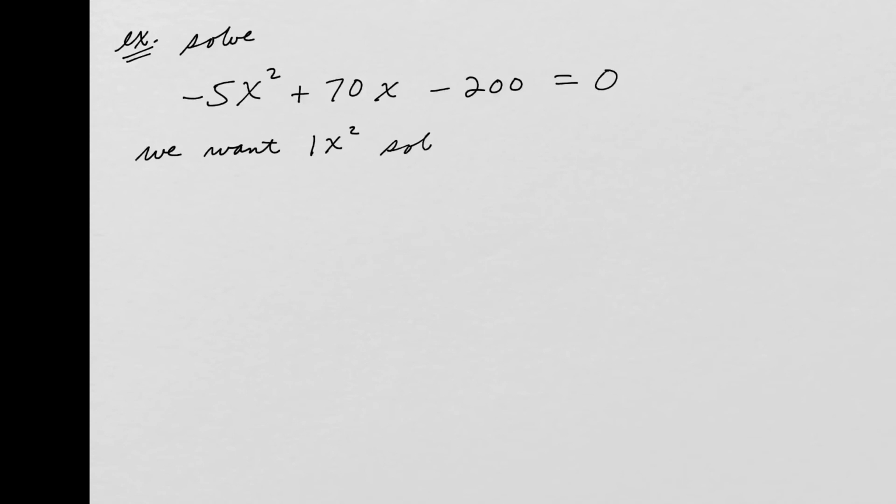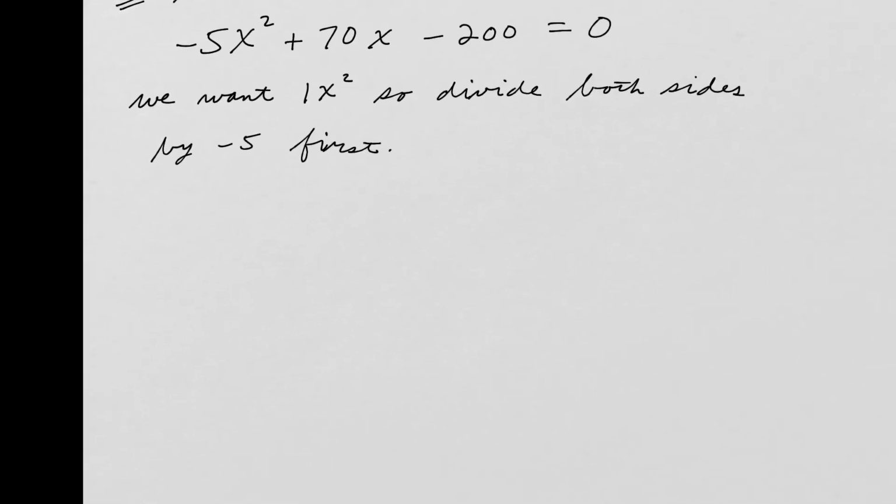So we're going to divide both sides by negative 5 first. Okay, and we'll see how that works, right?